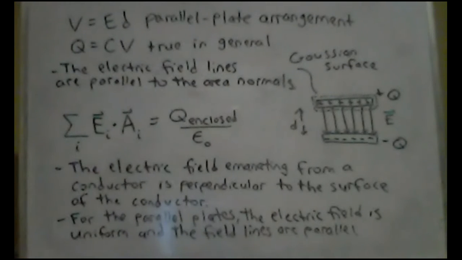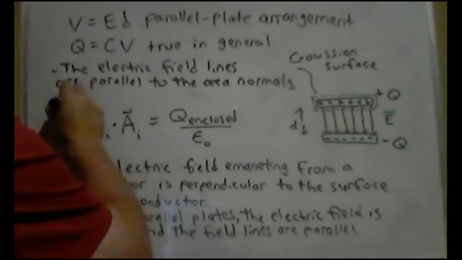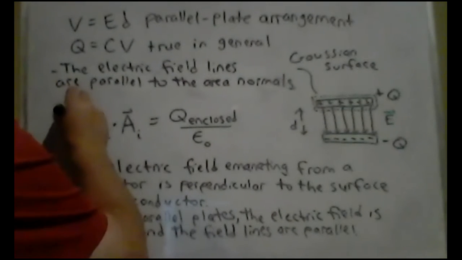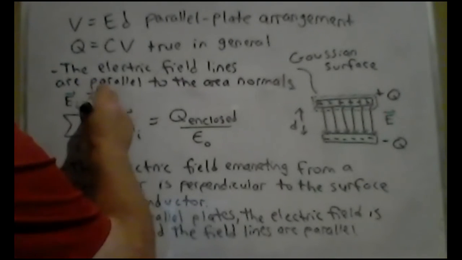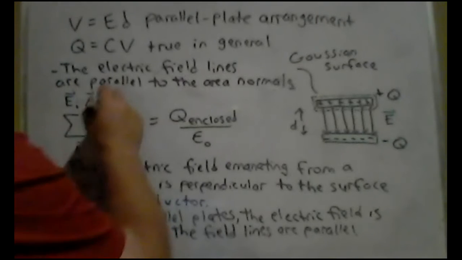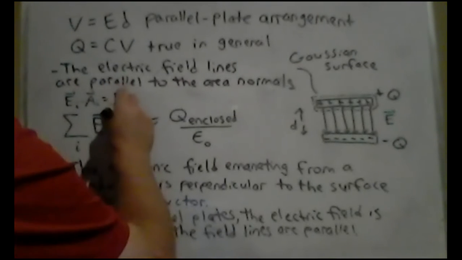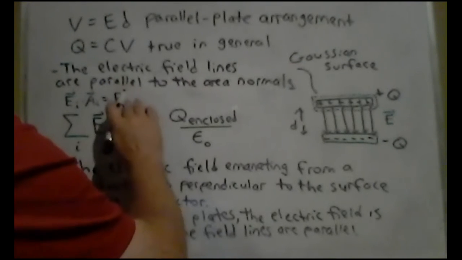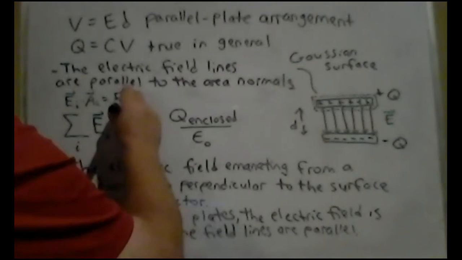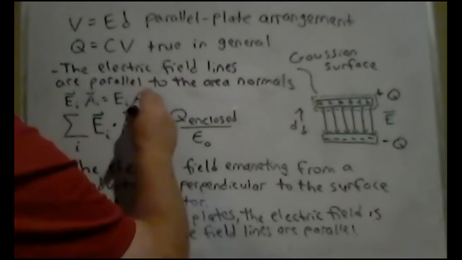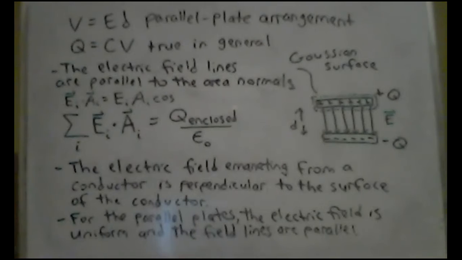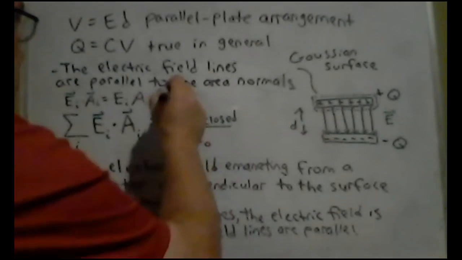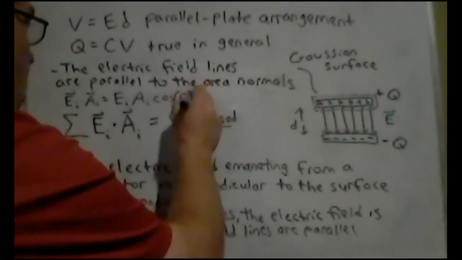What does that mean? If I have E sub I dot A sub I, remember what a dot product is: the magnitude of the first vector, E sub I, times the magnitude of the second vector, A sub I, times the cosine of the angle between them. If they're parallel, the angle between them is 0, and the cosine of 0 is 1.